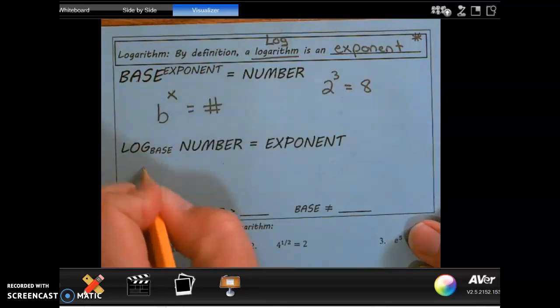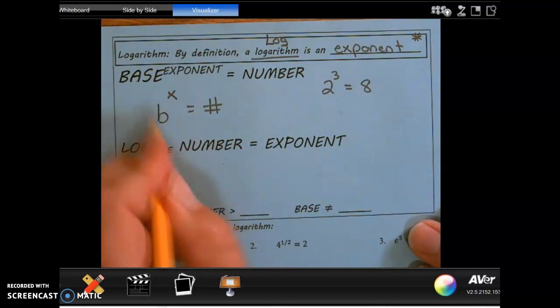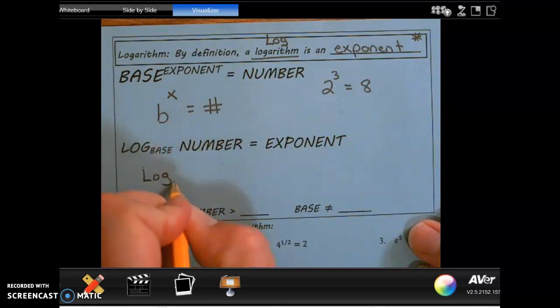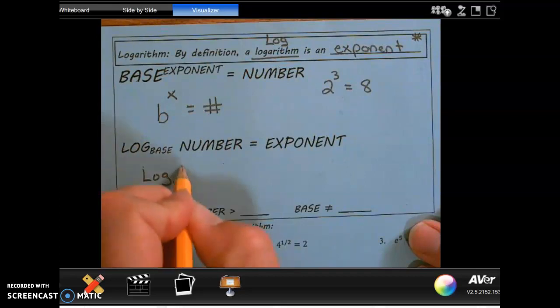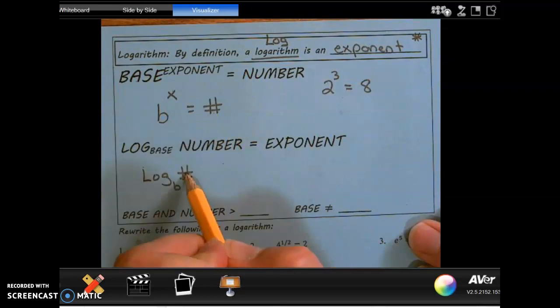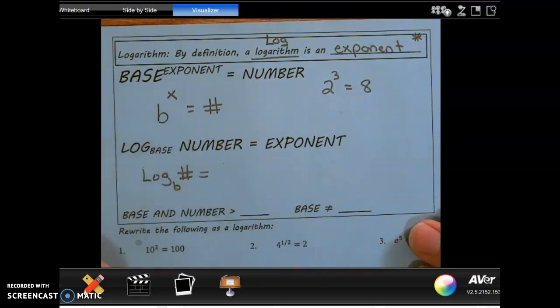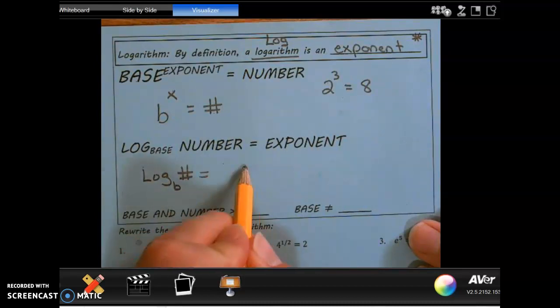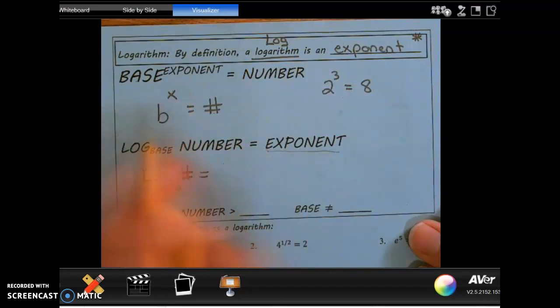So log, and then our b, the base, that's this b right here, is the subscript number, of some number. That's this number here, that goes here, equals, and remember, this is very important, it's equal to the exponent. So in this case, it would be x.